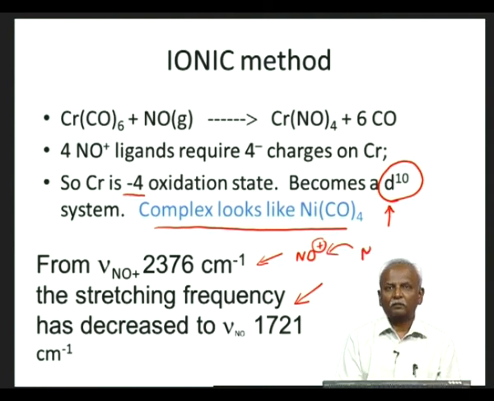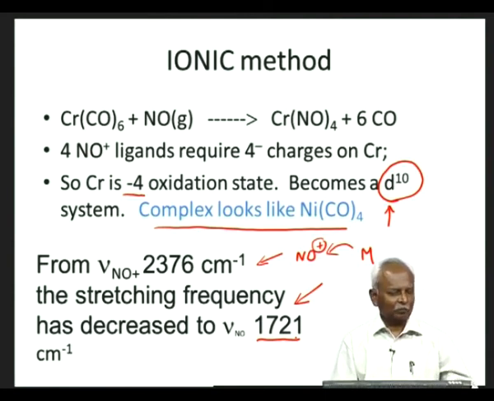So, the metal gives a lot of electron density into the NO plus, and this antibonding electron density reduces the bond order between nitrogen and oxygen, and you almost get a double bond between nitrogen and oxygen, and that is why the stretching frequency has gone down to 1721 cm^-1. If you remember, adding negative charges to carbon monoxide complexes also reduces the stretching frequency significantly.